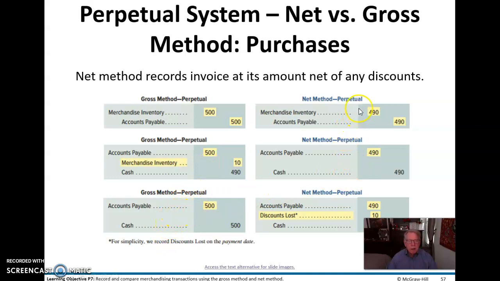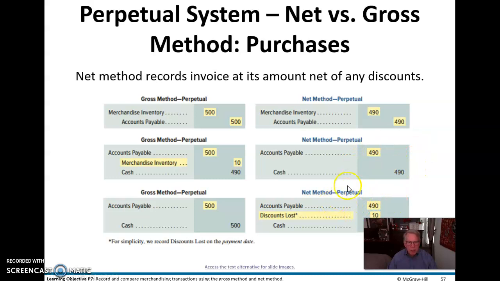But if we do it the net method way, we're going to show right away that we're purchasing this and expecting to pay that $10 discount. So that discount shown here is merchandise inventory. That's going to reduce our inventory because we're getting that $10.